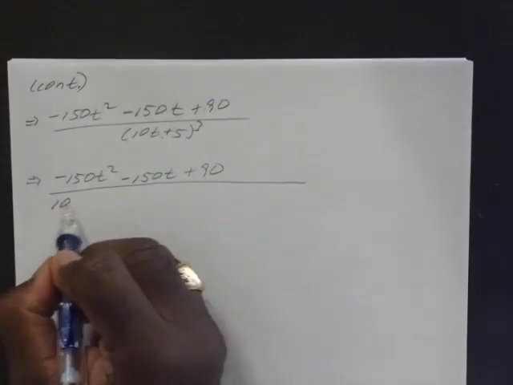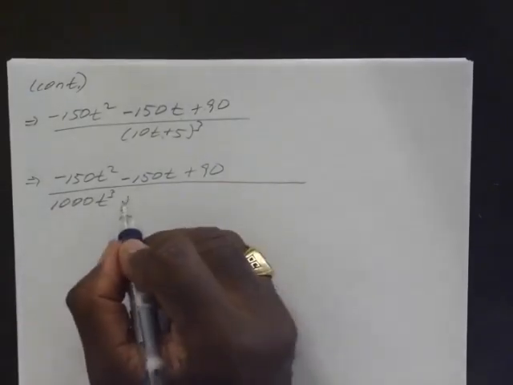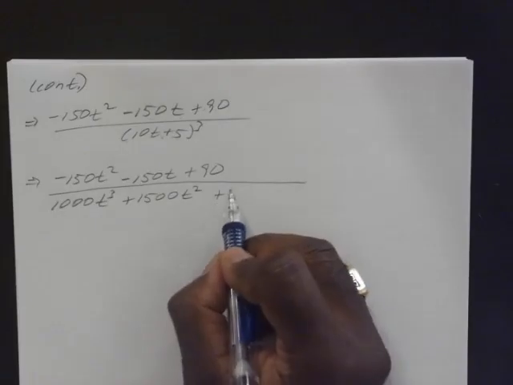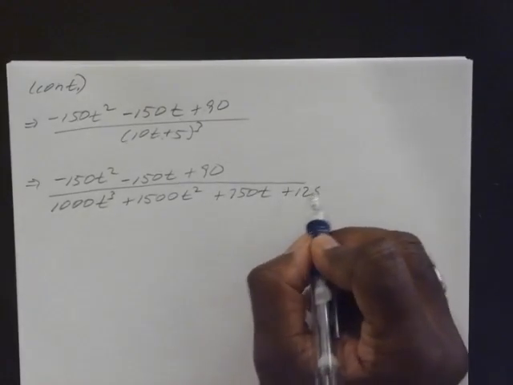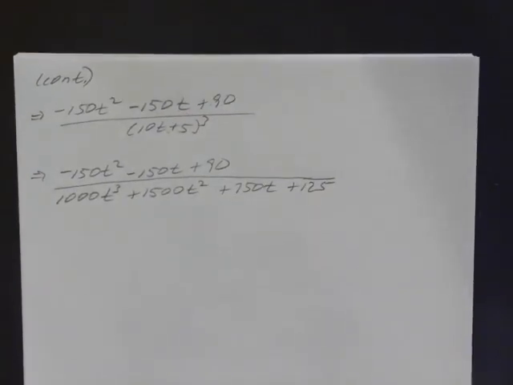That'll give us 1000t to the third power plus 1500t squared plus 750t plus 125.